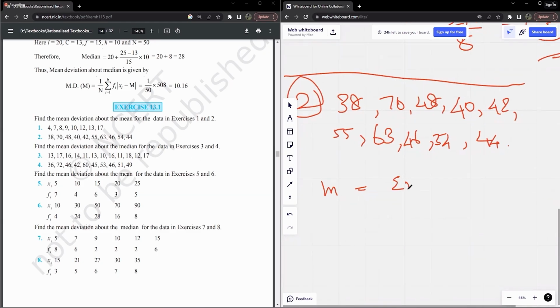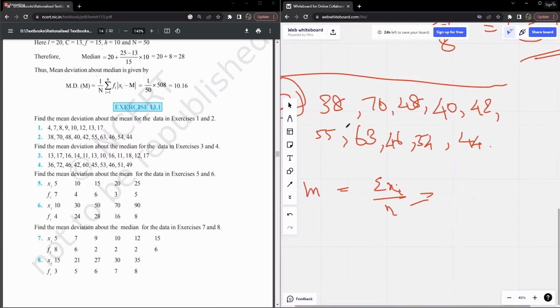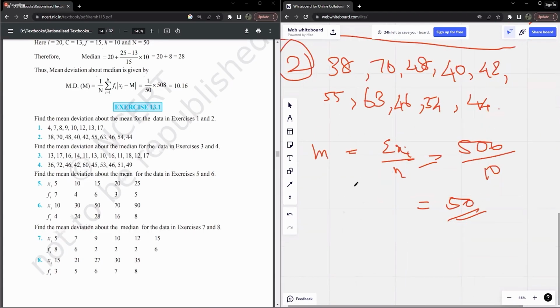The mean is going to be sigma of xi divided by n. I'm not dealing with the whole 38 plus 70 plus 48 thing; I'm going to directly write the answer as 500 divided by 10. So I'm going to get the mean as 50. All right.